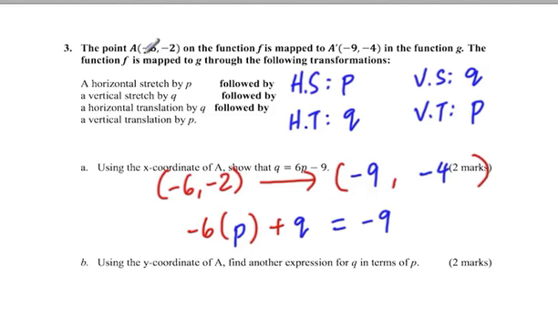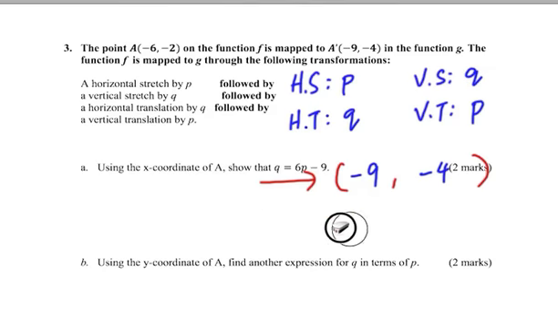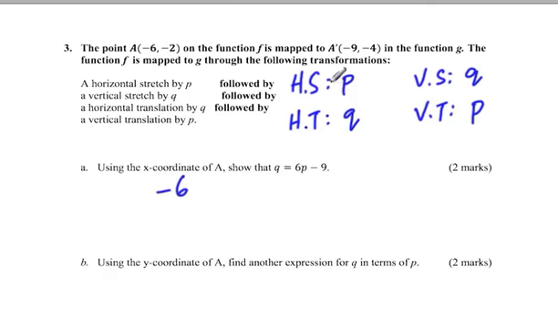I'm going to take the -6 multiplied by P and then add Q, right? So I'm just going to erase it just to show you exactly what's happening. So I'm going to take this -6 right here, and I'm going to multiply it by P, right? And then I'm going to add Q, and I know that it's going to equal simply -9.